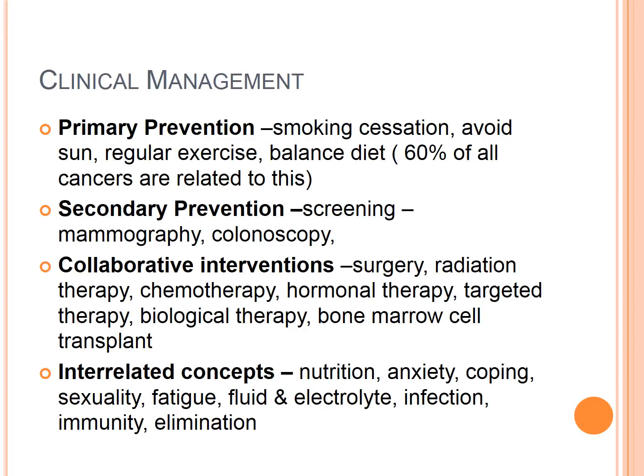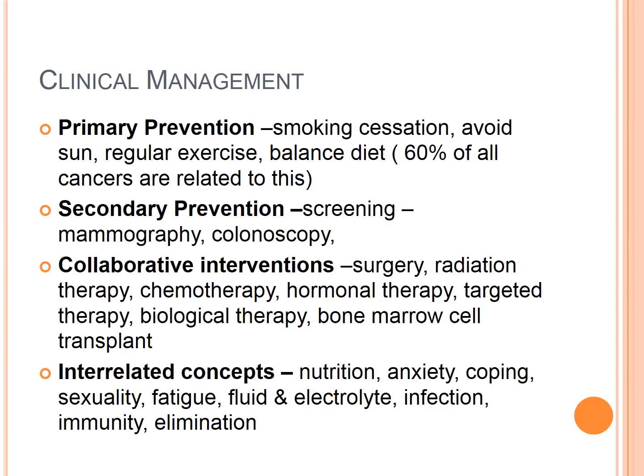So your clinical management, primary prevention would be smoking cessation, right? So to get rid of any of the risk factors that are modifiable. So smoking cessation, avoid or limit UV exposure, sun exposure, or wear your protective sunscreen when you're out in the sun.